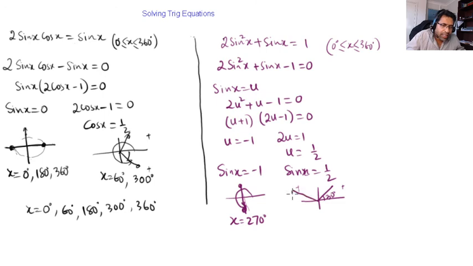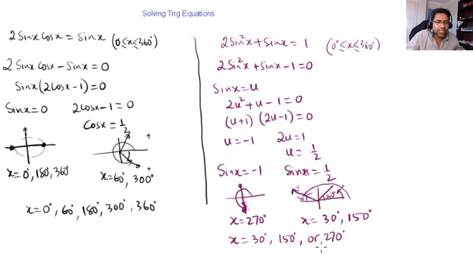So here is 30 and here is also 30 degrees. Going anti-clockwise, this is 30 degrees, and then coming over to here, it will be 150 degrees. So x will be either 30 degrees, 150 degrees, or 270 degrees. These are the three solutions for the equation 2 sine square x plus sine x equal to 1.